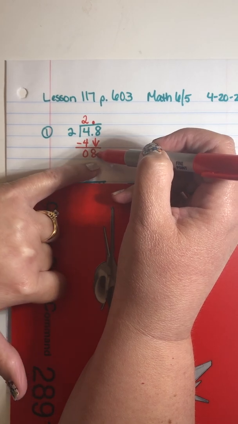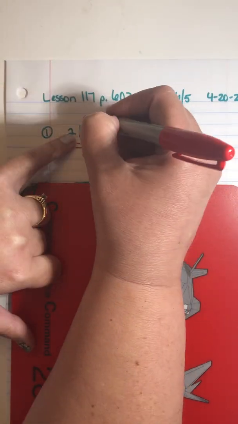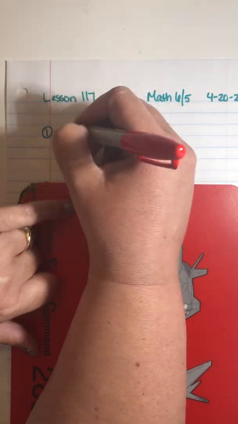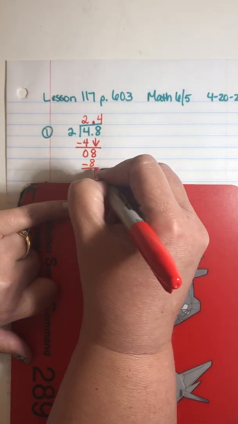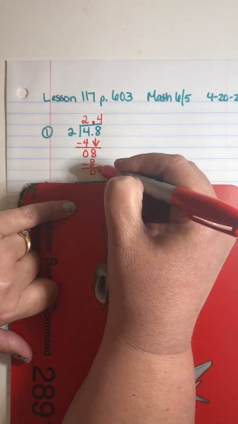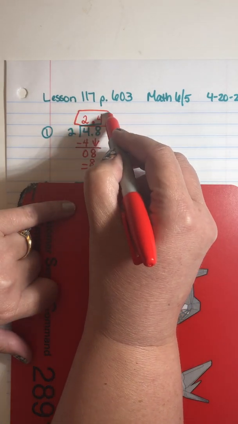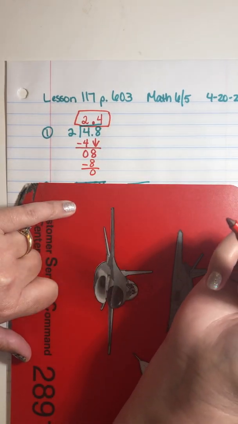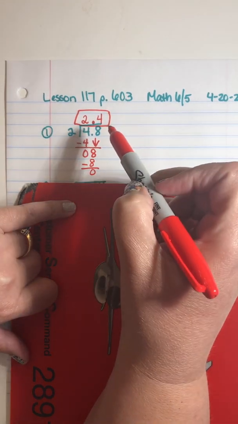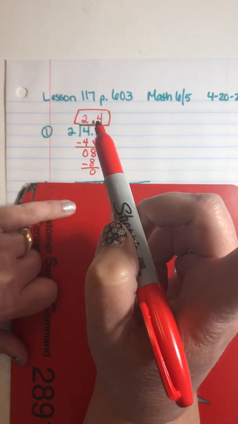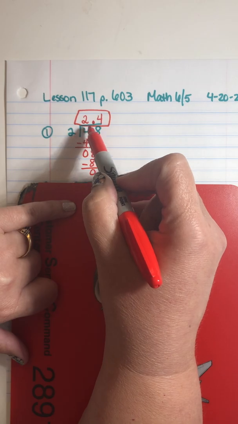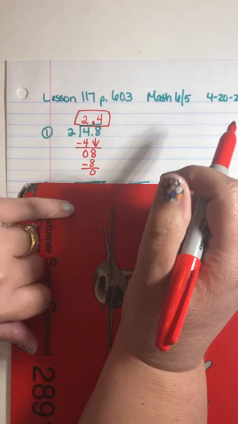Okay, so 8 divided by 2 is 4. 4 times 2 is 8. Subtract, and I end up with 0, and there is nothing to bring down. So my answer is 2 4/10. My most important step, and the one that I forgot at first, was bring that decimal up on this problem.